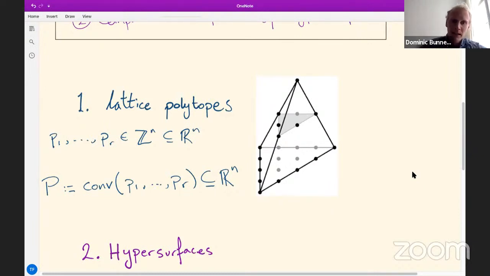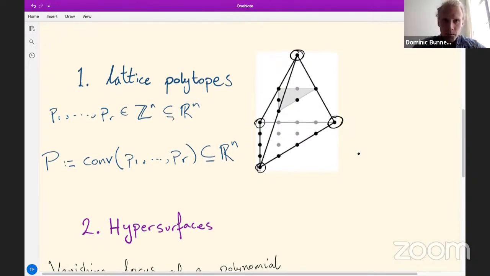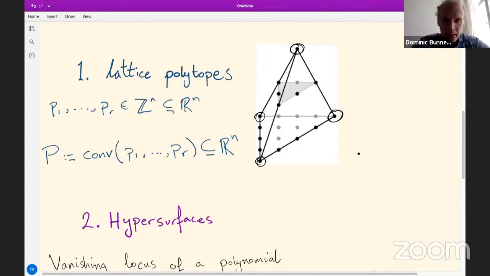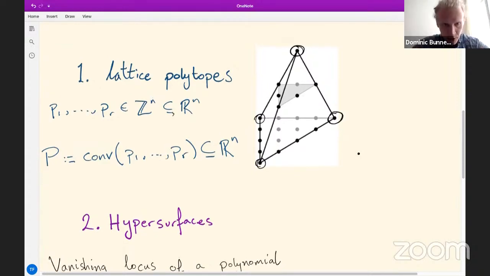Suppose we've taken these P1 to Pr to be the vertices. We've got these 4 points here, and we consider the convex hull, which is all the points inside, so it's the smallest convex body containing all of these points. That's a lattice polytope.